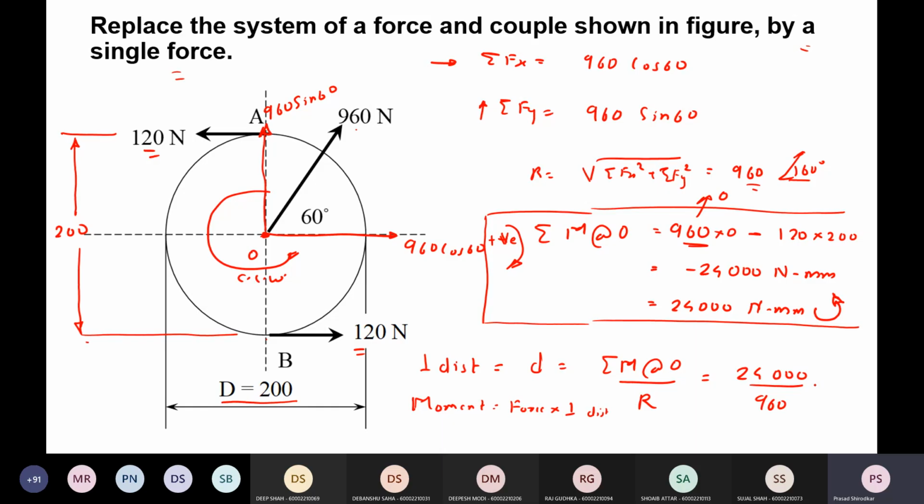So how much is that distance coming out to be? 25 millimeters, because this is in Newton mm divided by Newtons, so the answer will be in millimeters, not meters. If you want to find it in meters, then divide this by 1000.